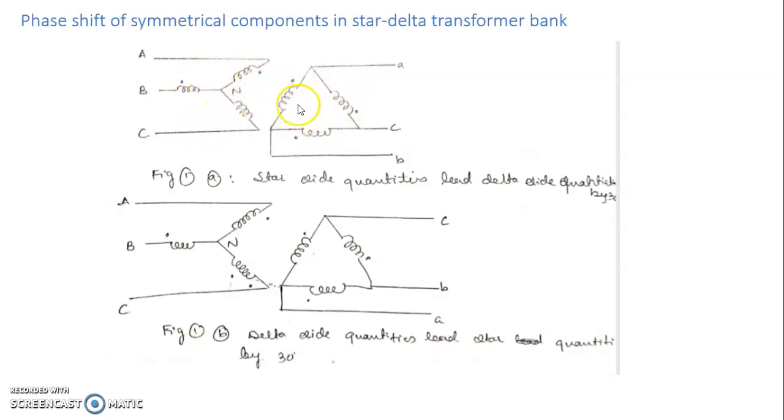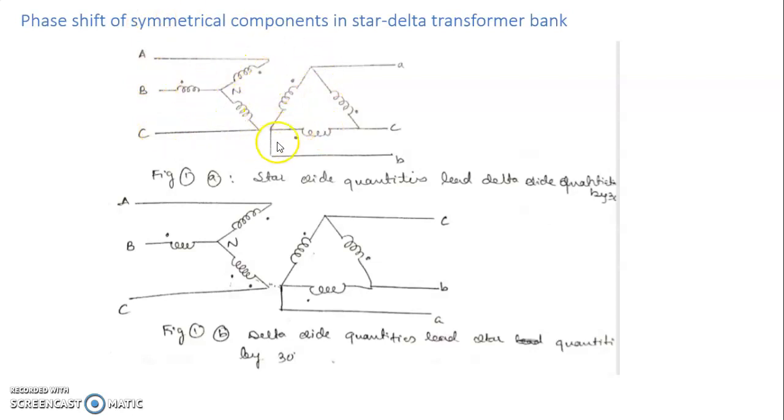Let us assume that on the star side we are applying only positive sequence voltage; negative and zero we are neglecting, so we apply only positive sequence voltage, that is VA1, VB1, VC1. How it will be converted on the delta side, that we want to discuss.